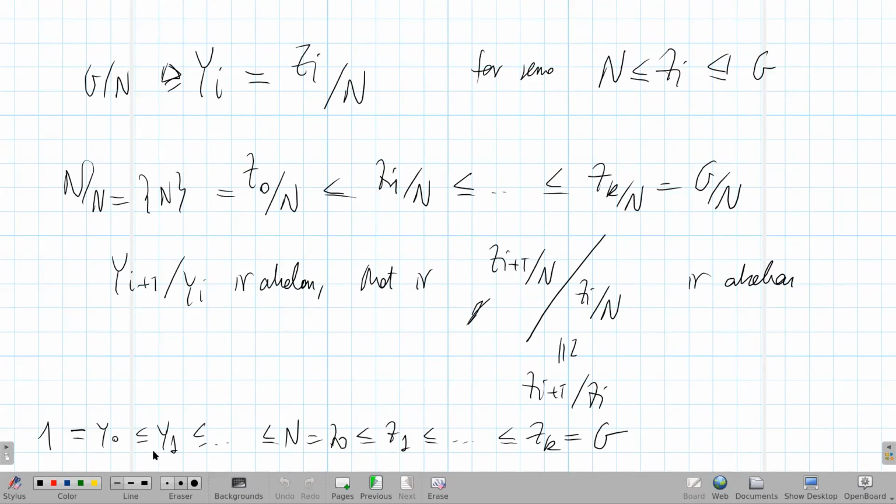But what's important is that you have Yi normal in Yi plus 1 until you get to N, and then Zi normal in Zi plus 1. Actually, the Zi are normal in the whole of G, but who cares. What happens is I put together this series of N and this series of G over N, and it's a mixture because it's partly a series and partly a normal series, but it's still a series for G with abelian quotients.